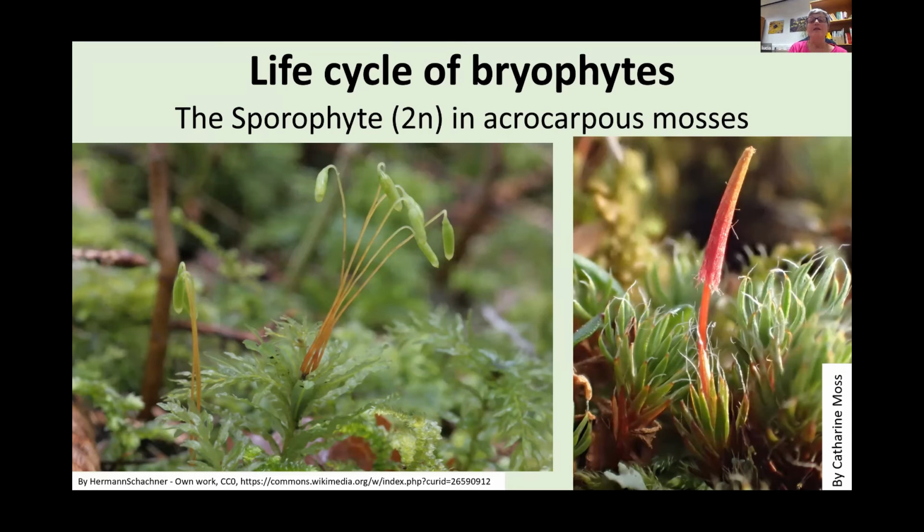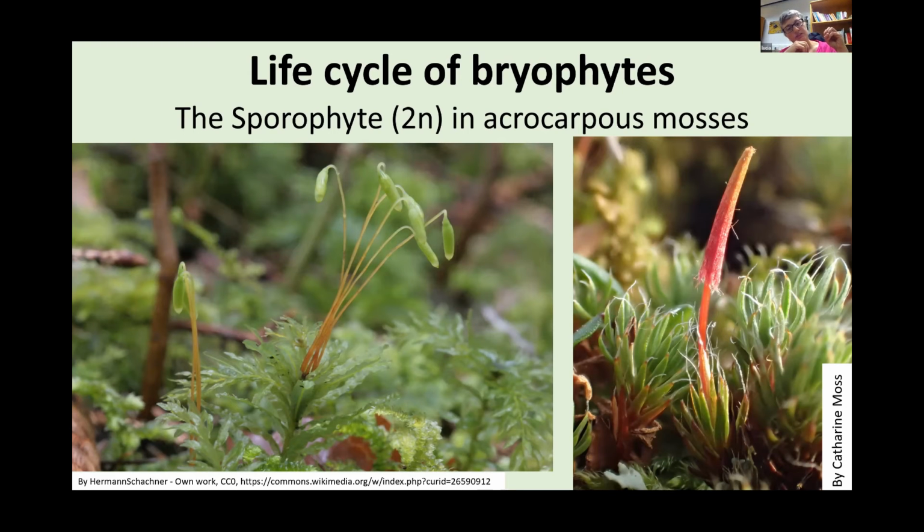Now, generally, most mosses and liverworts produce just one sporophyte at a time, because the plant itself has to nourish the sporophyte. It's quite a lot of work feeding one sporophyte, so you don't really want to put all your energy into feeding however many.